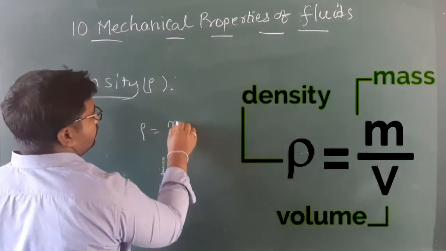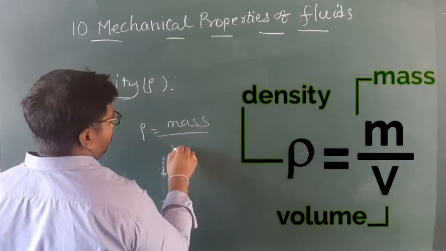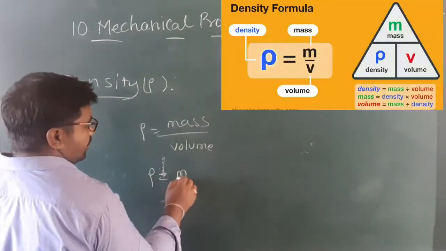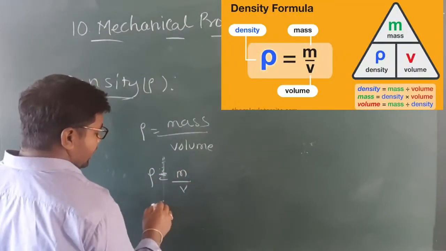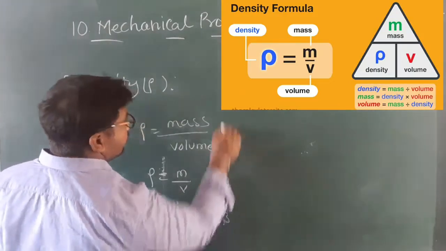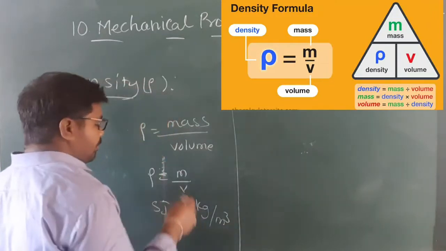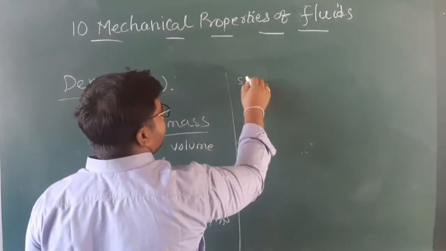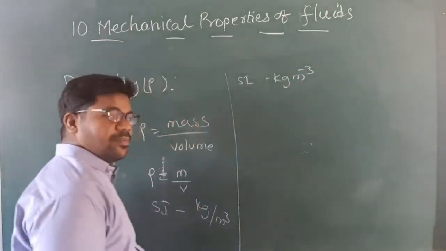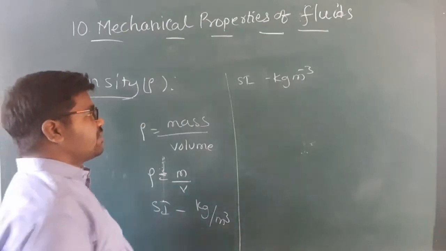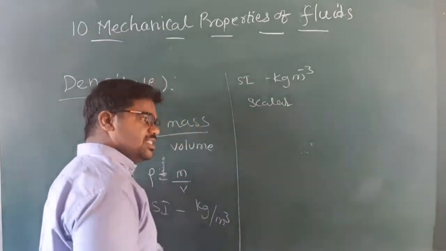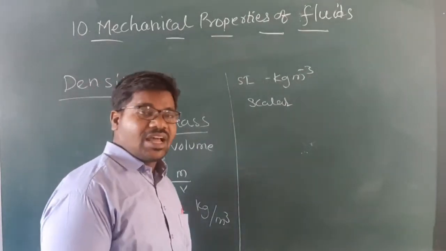Density rho is equal to mass per volume. Mass is denoted M and volume is denoted V. Its SI unit is kilogram per meter cubed, which we can write as kg m power minus 3. It is a scalar quantity, meaning it has only magnitude, not direction.